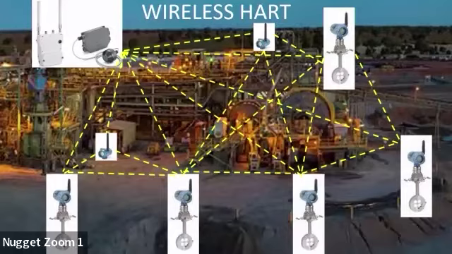Each of the devices will receive and retransmit if necessary. The gateway up here is what will determine how that signal gets from the individual device back to the gateway, and then from there it'll get into your control system, whether you're sending that through to PI or another historian.